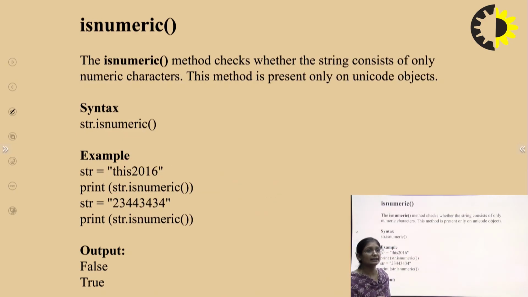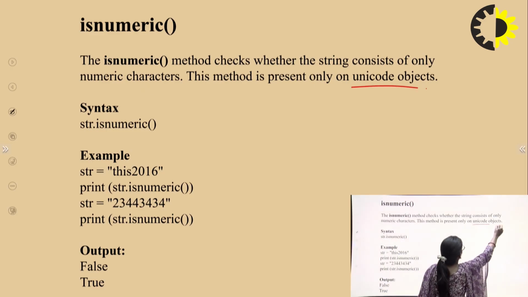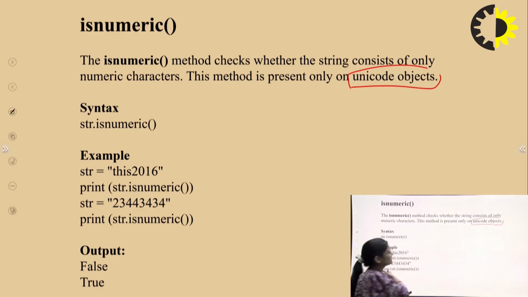The isnumeric method checks whether the string consists of only numeric characters. This method is present only on Unicode objects, only on Unicode objects this syntax works. This is string dot isnumeric. Now the string is this 2016.